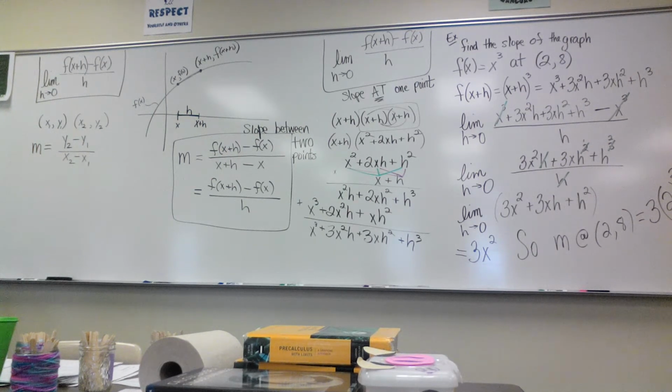Okay, the 2 is what's playing into your slope here. If your slope formula had an x and a y left in it, you would use the 2 for the x and the 8 for the y. Okay, what's your answer to this? I got a square before I multiply. Very good, 12. So your slope at 2, 8 is going to be 12.